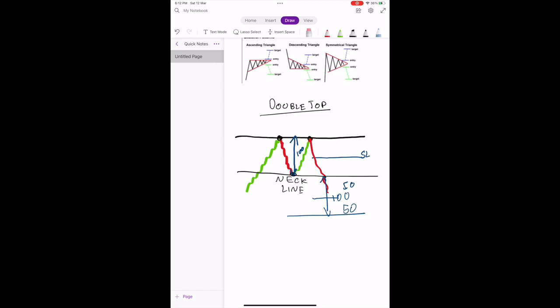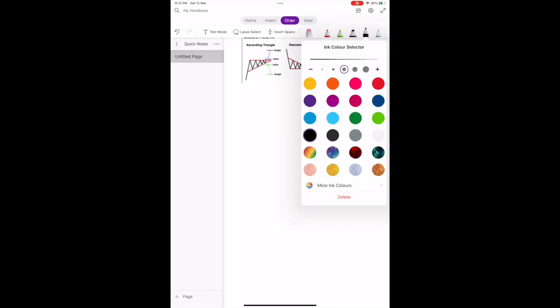The next reversal pattern we are going to see is the head and shoulder. This also comes quite often in our intraday charts. Head and shoulder, I'm going to put it as H and S. And why head and shoulder, we'll see that.